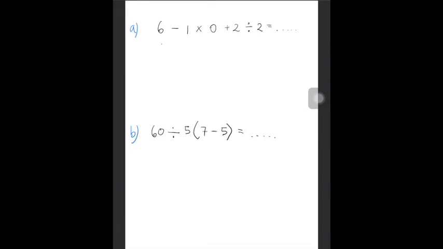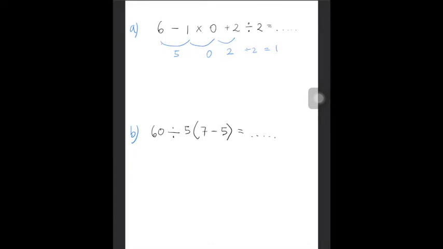For number A, you may think 6 minus 1 is 5, and then multiplied by 0 is 0, plus 2 is 2, divided by 2 is 1. You may think like that.